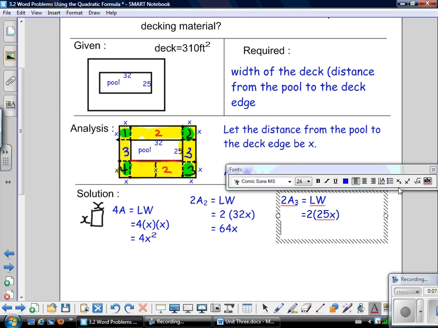And when we do that, we end up with it equaling 50x. Okay, so really all we should have to do is just add these together and then calculate. So let's go and do that.